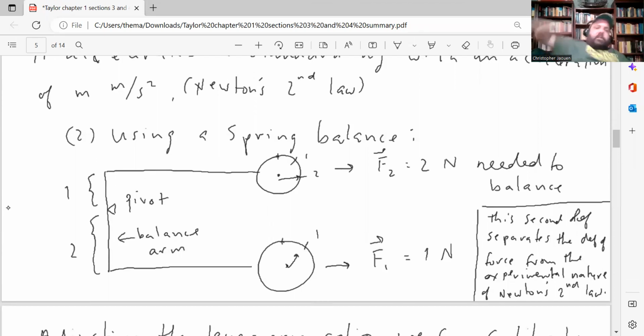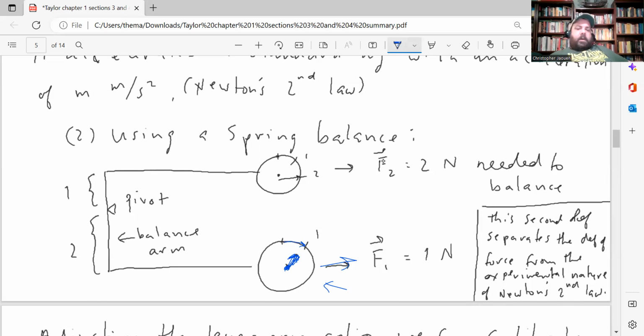So the other way you can define a force is in terms of, for example, using a spring balance. Here, you calibrate the spring down here to measure exactly 1 Newton on the scale. So you have a pointer here, and exactly 1 Newton of force is exerted here, so that the dial reads 1 Newton.